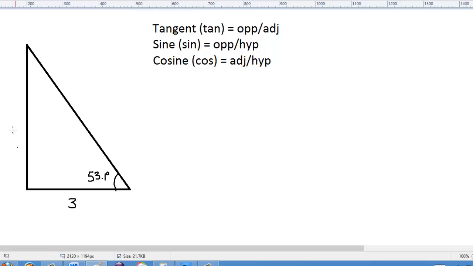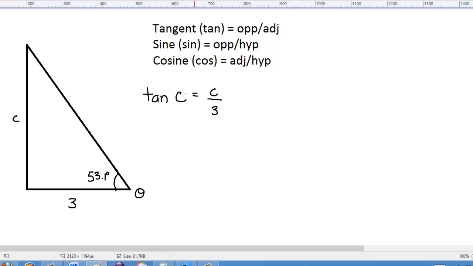What I can do is figure out the rest of the triangle by just using these trig ratios. I can say, well, I know that the tangent of theta, let's call the opposite side C, so tan of theta is equal to side C over, opposite over adjacent, which is 3.